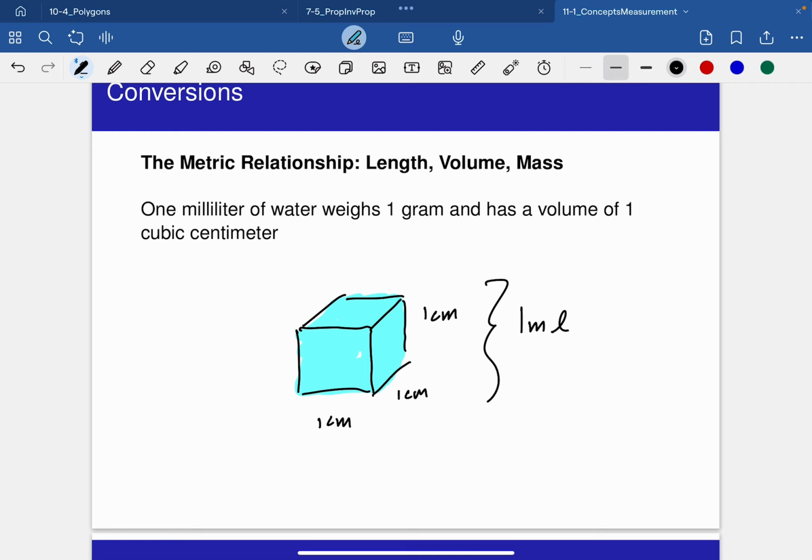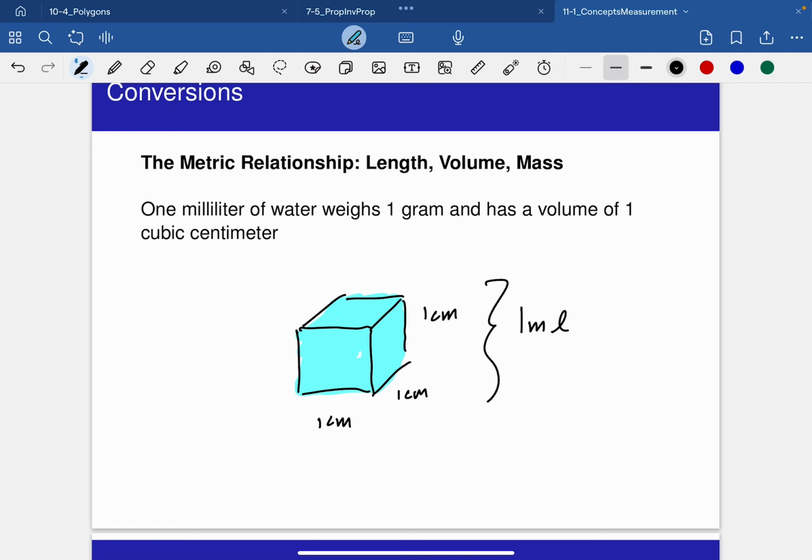So you can think of a milliliter as just a cubic centimeter. This is why you often hear doctors in movies use milliliter and cc, cubic centimeter, interchangeably, because they are the same thing in liquid form.